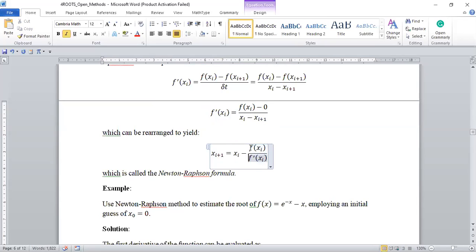This is the value of the function. Then this is the first derivative.